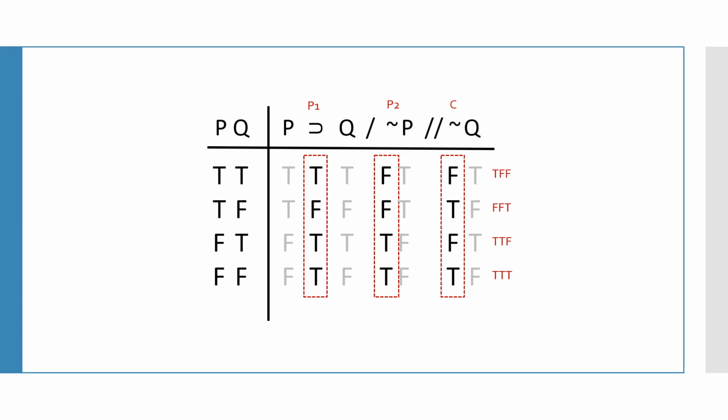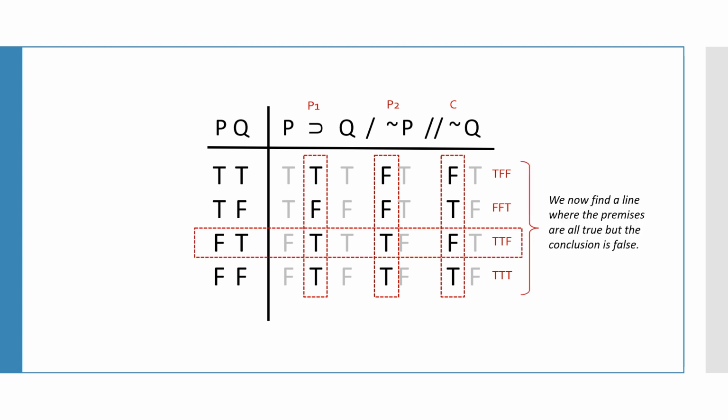And of course, what we want to do is look at each individual line and see what the total result is. What I'm looking for is any possible line, doesn't matter how many I get, but if there's even one, it's a problem. Any possible line where both premises are true and the conclusion is false. And of course, in this case, we find that.